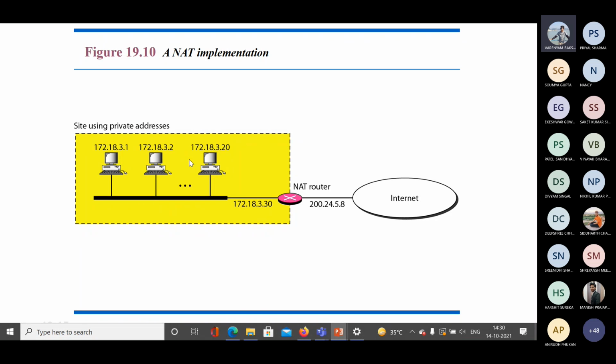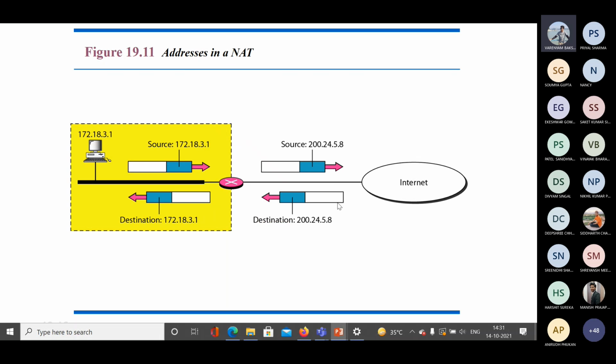Now, if some data needs to be transferred from a host to the outside world, or has to come back from the outside world to the host, the NAT router is the one that does the conversion between the given IP address and the interface to the outside world, and vice versa. So this is what we were doing.